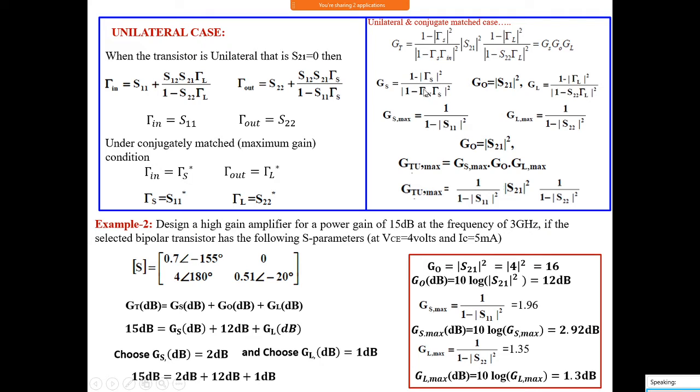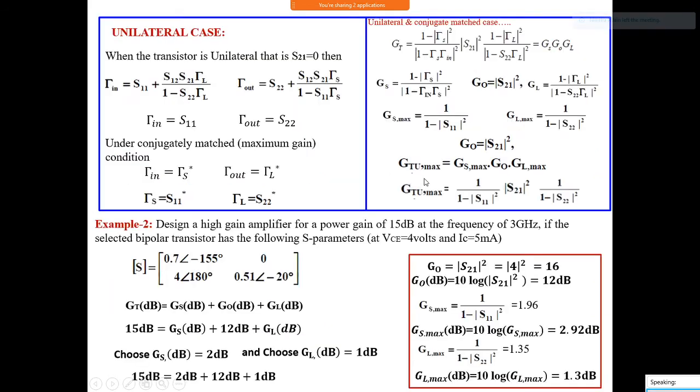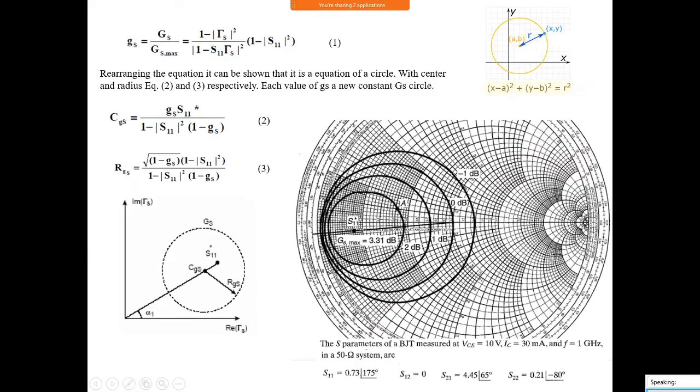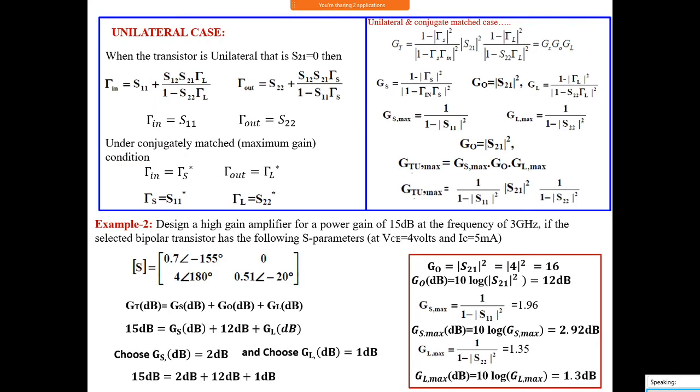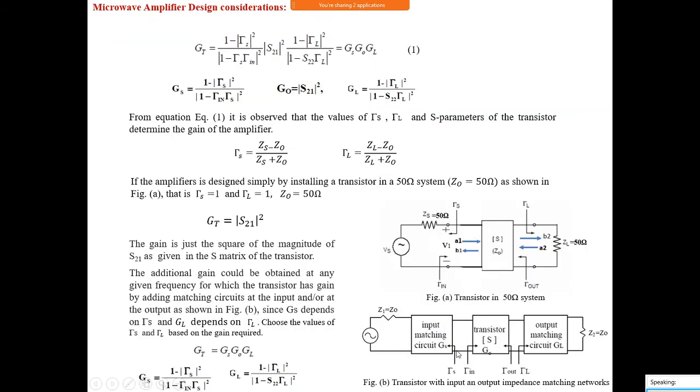That depends upon the value of ΓS, which relates to the input impedance looking towards the source. Looking towards the source, whatever the impedance is there, that is ZS.